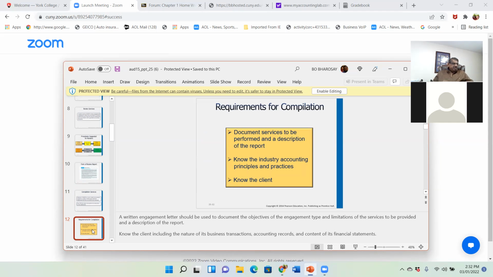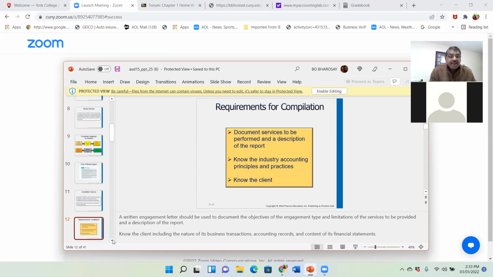Requirements for compilation. On page 804, we talk about the requirements for compilation. We have to document the service to be performed and a description of the report. We must know the client industry, accounting principles and practice.